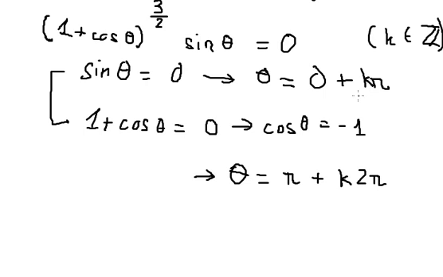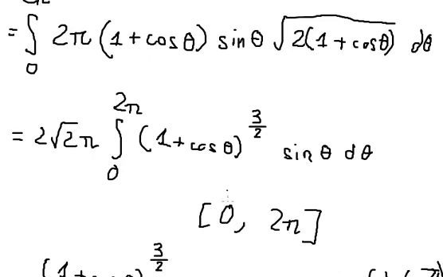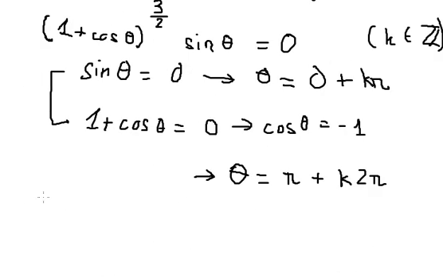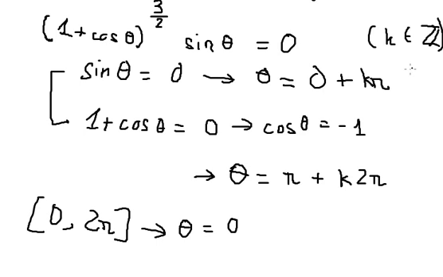So now we need to find the intersections from 0 to 2π. So we have 0 in here. The next one, when k equals number 1, we have π. When k equals number 2, we have 2π, and that's it.